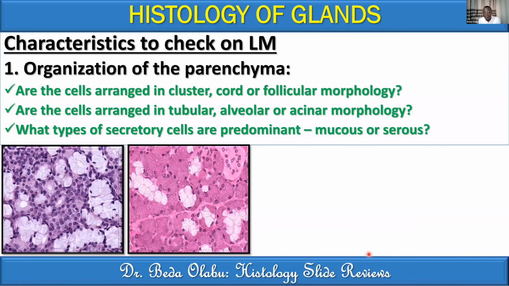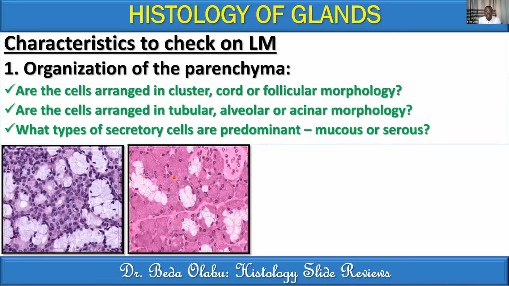I've closed it. Again, this one, most of you have failed it. This one is still seromucus, just like the previous one. Why do we say so? These are mucus acini, and then these are serous acini. So this is still seromucus.